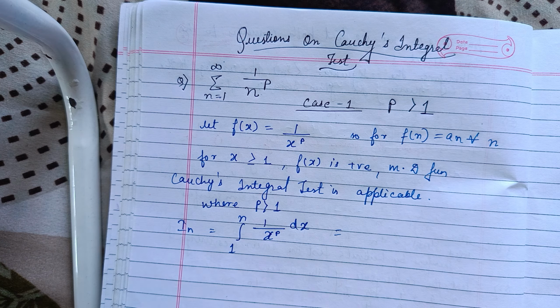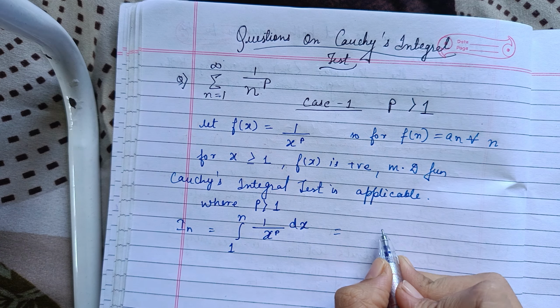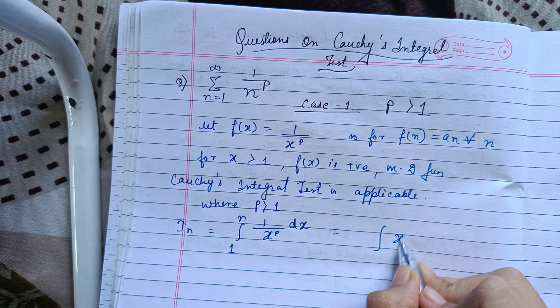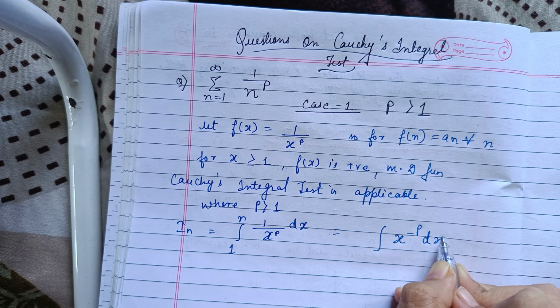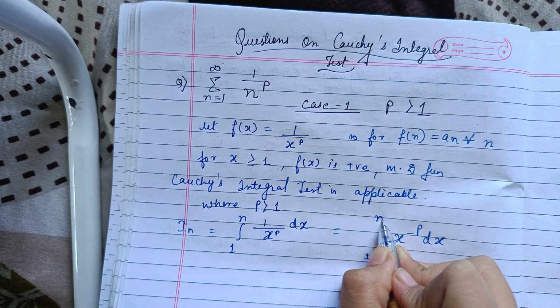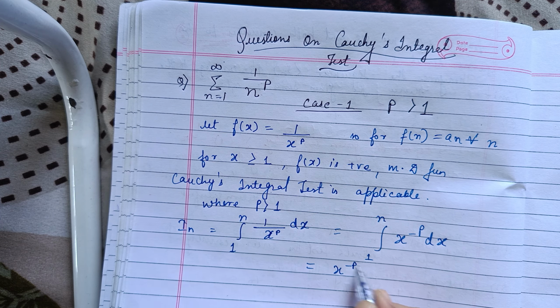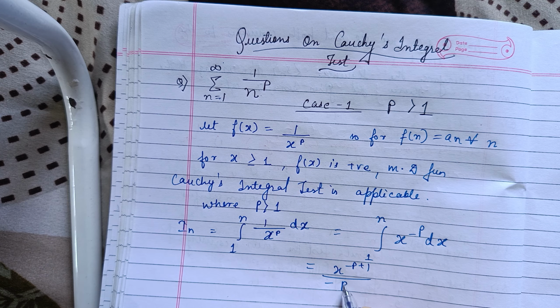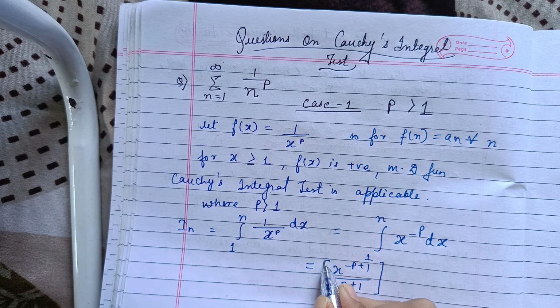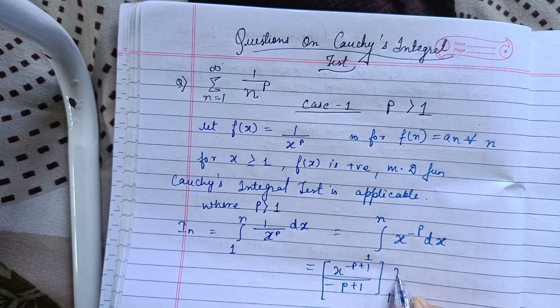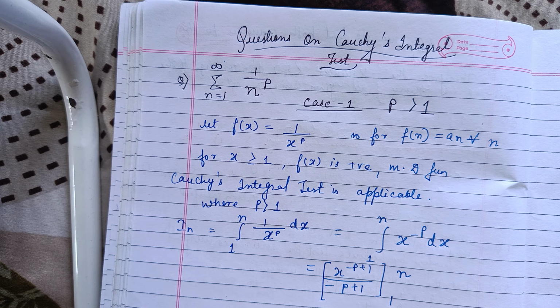Now I have to integrate this. Now you know how to integrate this, just do the process and you will get the limits 1 से लेकर n तक over here.